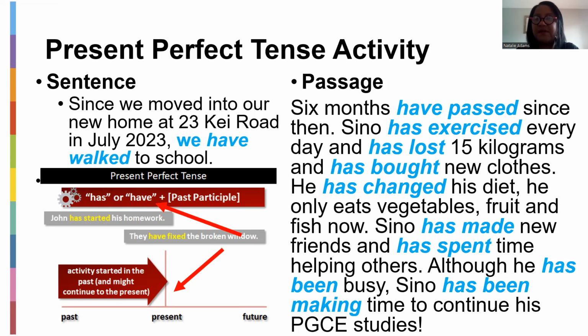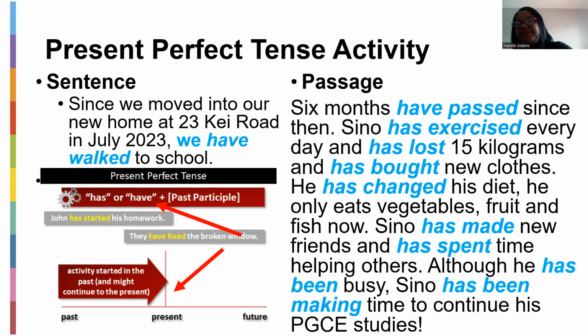Okay, so "Sino has exercised every day and has lost 15 kilograms and has bought new clothes." Can you see how they are applying the present perfect tense with this activity, this passage? But it's not rule-based. The learners had to decide the date that they moved in. They had to decide the address, etc. And they also had to decide about the walking.